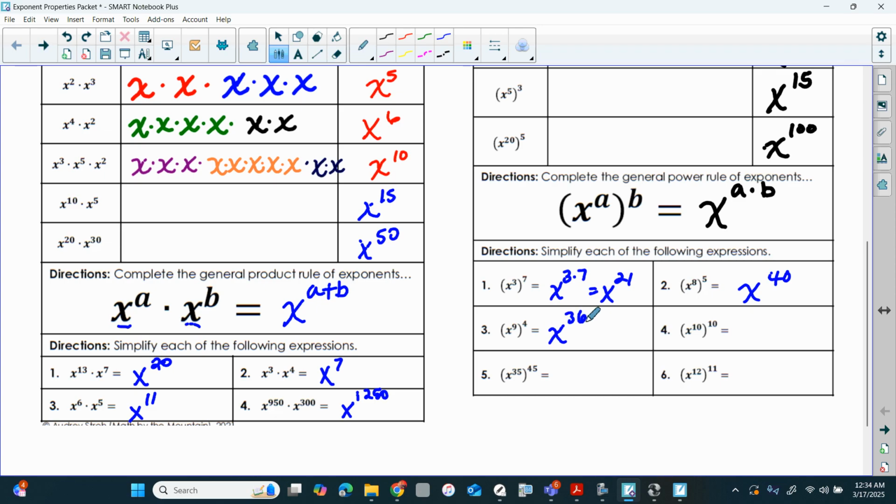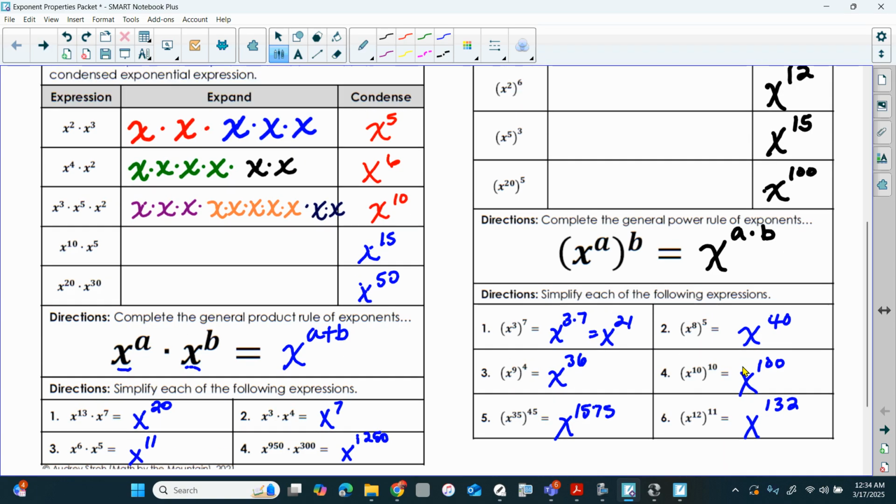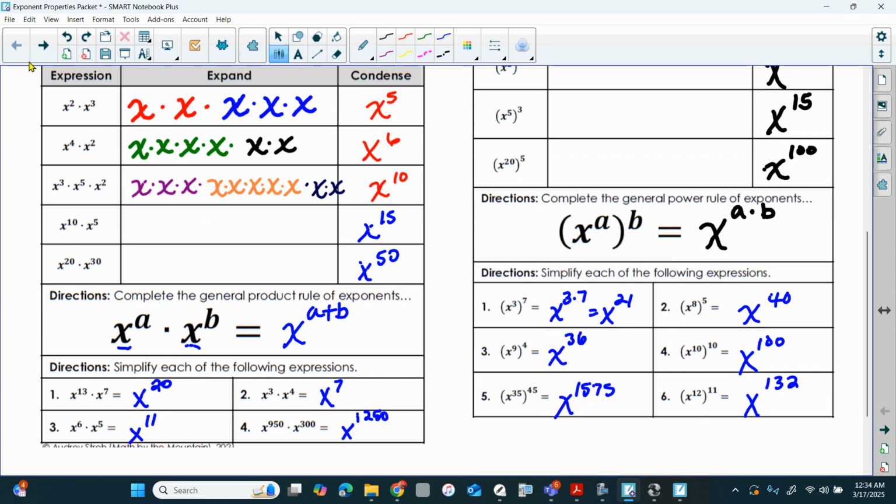This is x to the 36. This is x to the 100. Okay. So I want you to use your calculator if you need to. Finish this. This one ends up being x to the 1575. And this is x to the 132. Okay. So exponent outside the parentheses, we multiply to condense it. All right, so that's our first 2 pages.